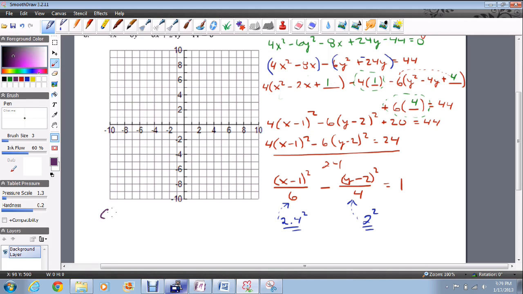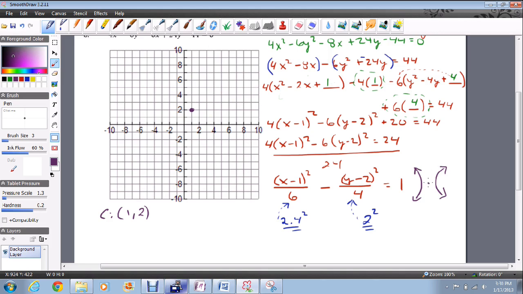So the center point is 1, 2. So I'm going to graph that 1 and positive 2. Then, since this is a hyperbola that is in this form with the x coming first, we know that it's going to be opening left and right.